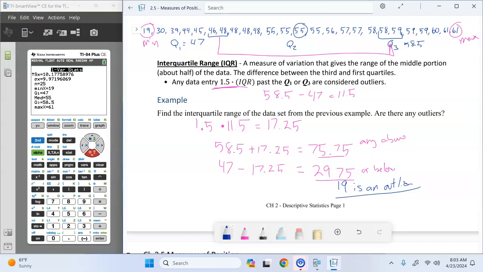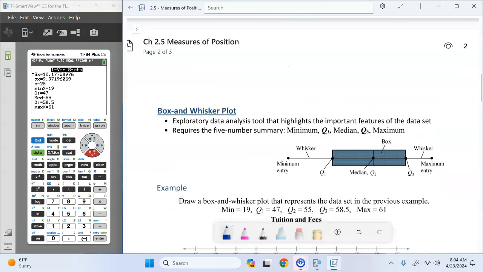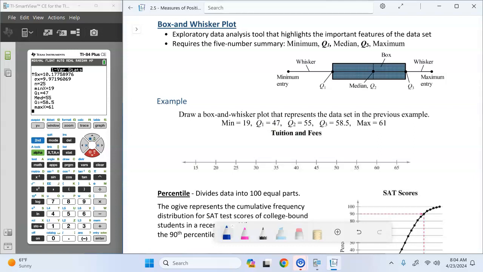Now, using our 5-point summary, what we often do is we build what's called a box and whisker plot, or a box plot. It's called such because it's a box with some whiskers. Clever name, right?